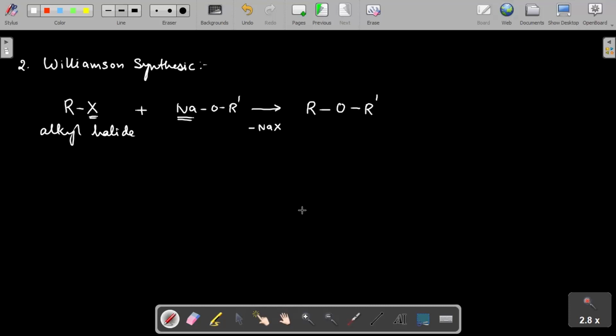Similarly, if we are using sodium phenoxide, and if we use CH3Cl, what answer will we get here?